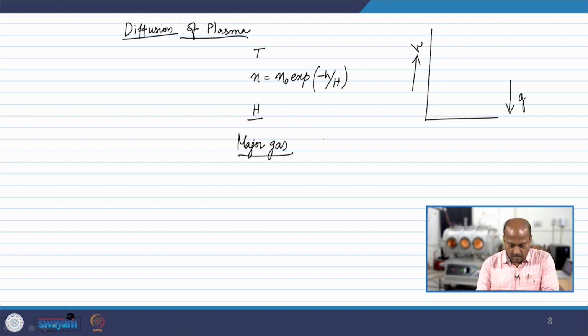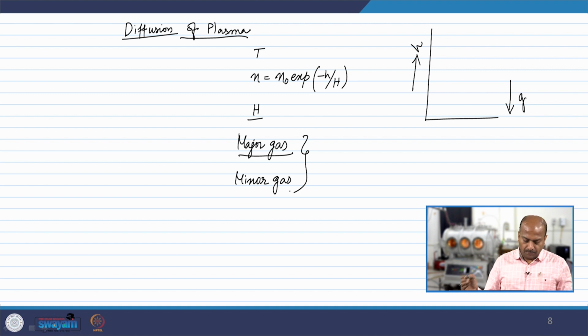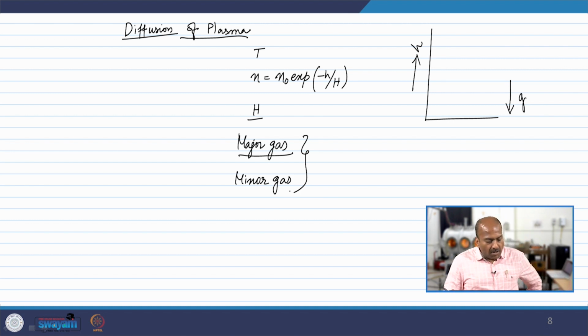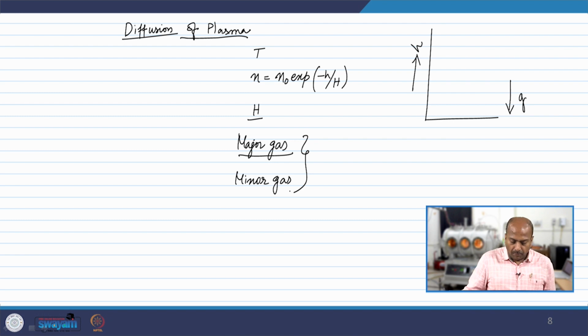One species, let us say, which is larger in concentration, and we will consider another species which is a minor species or minor gas, because we are considering plasma as a fluid, it is convenient to call them gas. We will consider a major gas which is in equilibrium and a minor gas which is not in equilibrium.